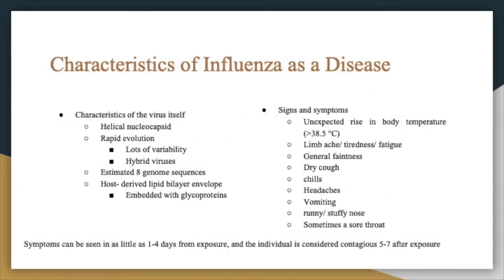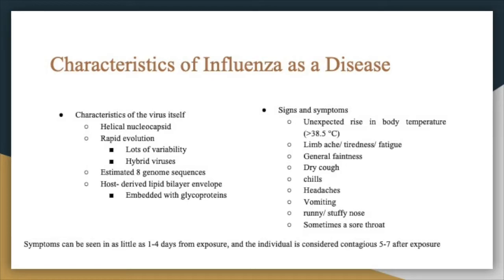The characteristics of influenza as a disease. So the characteristics of the virus itself include a helical nucleocapsid, which is basically the covering over the cell. Rapid evolution, meaning that it divides very fast and there's a lot of variability and a lot of genetic crossing over, and there's a lot of hybrid viruses as well, meaning that no 2 viruses could be the same.